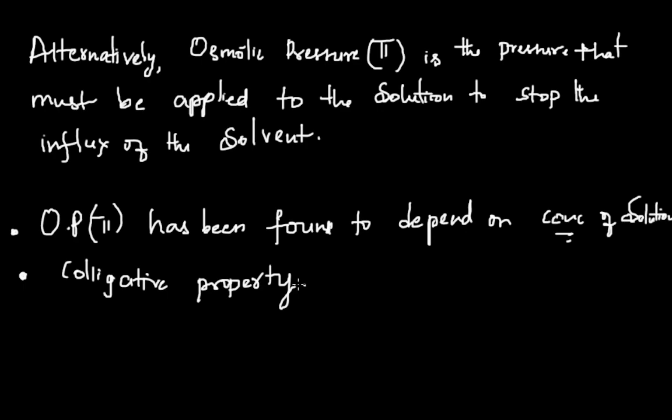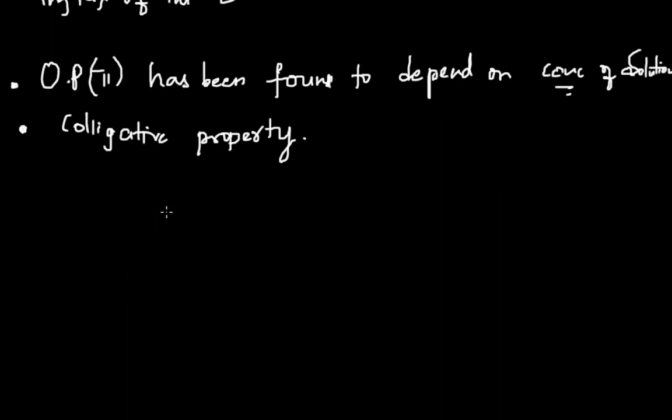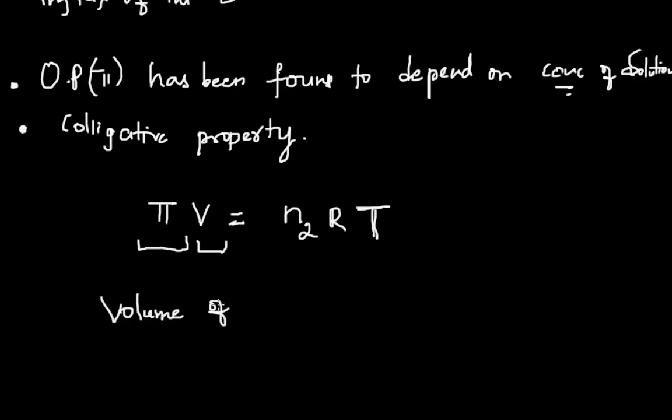It has been found experimentally that this relation holds good, that is, pi V is equal to n2 RT, where pi is the osmotic pressure and V is the volume of solution in liters, containing n2 moles of solute.